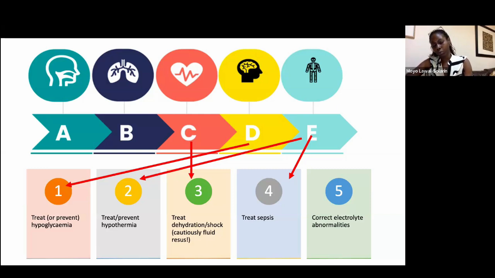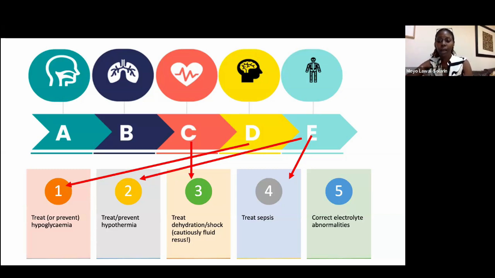And so we can see that just by going through our ABCs, we end up concurrently actually addressing the first 5 steps of the WHO 10 steps. The last one there, the electrolytes, in the ED we usually only replace if it's very, very severe, to the point where it could now compromise like your cardiovascular system or something.